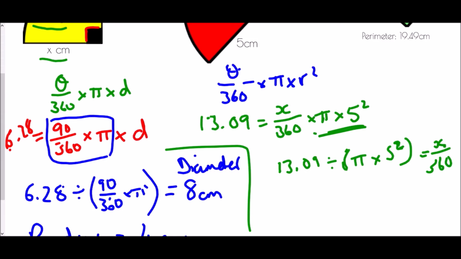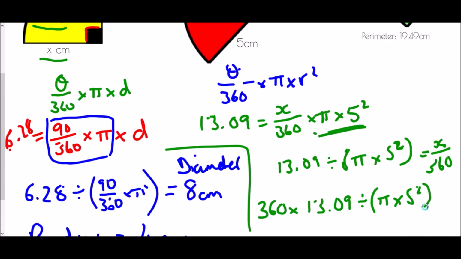And so if I want to get x all on its own, I would then multiply everything by 360. So we could do 360 times 13.09 divided by pi times 5 squared.